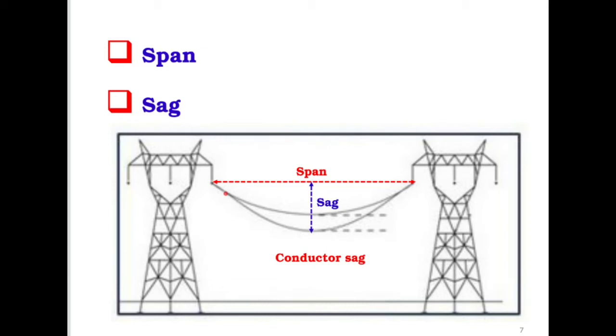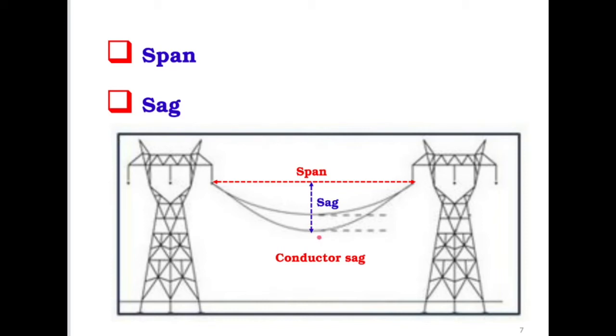If we come to any other point on the conductor here, the vertical distance is smaller. This is the maximum distance, and that is what we need to consider.